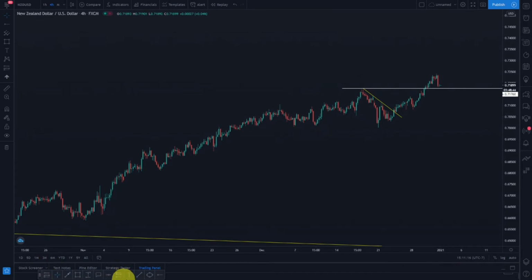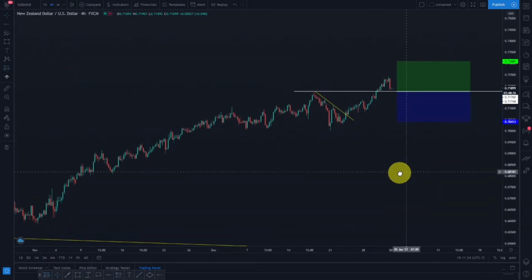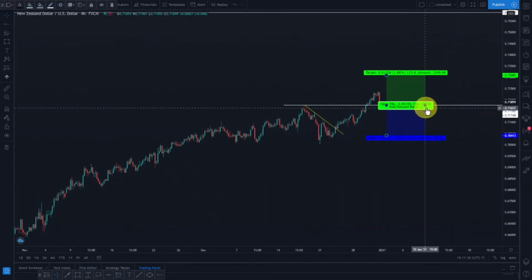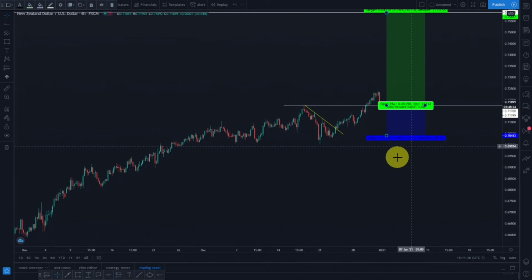I'm expecting to take this trade right from here, with my take profit being here, 412 pips, and my stop loss being right here.